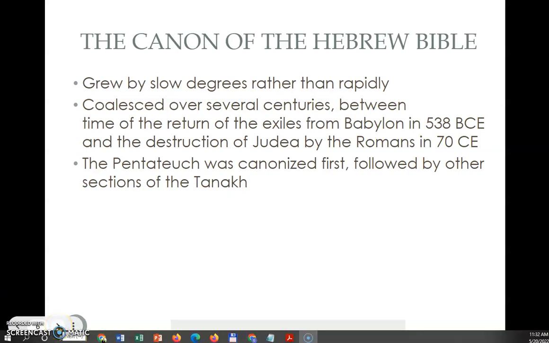The canon of the Hebrew Bible refers to the collection that is in the Hebrew Bible or the Old Testament. It grew by slow degrees rather than rapidly.